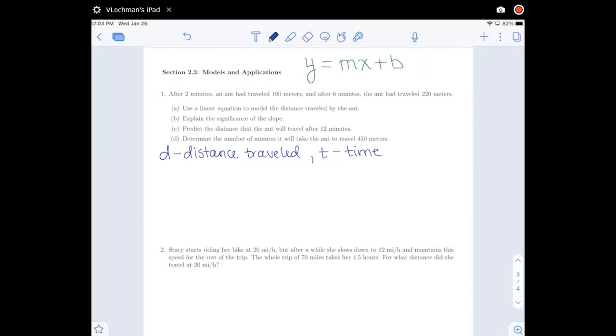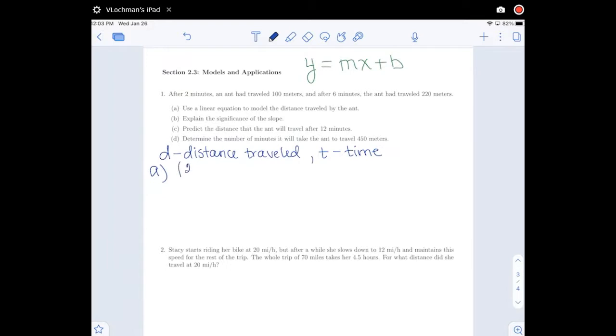So the first thing that we need to decide is how we're going to create that model. Now remember, to come up with an equation of a line, we need a point and intercept. I'm sorry, point and slope, right? We don't actually need an intercept. Any point and the slope. Well, we have 2 points. What are our points?